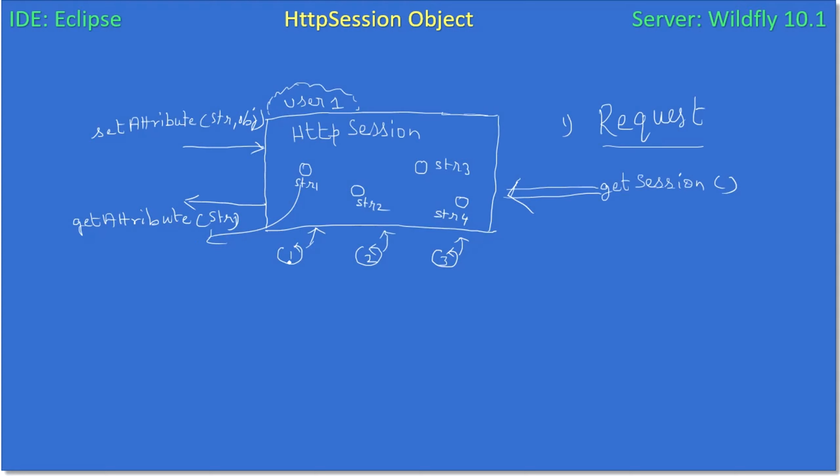As already shown, all the servlets have access to this HTTP session, but the session belongs to user 1. This means there will be a time lapse for this session. It depends on the web admin's configuration or the developer's configuration.